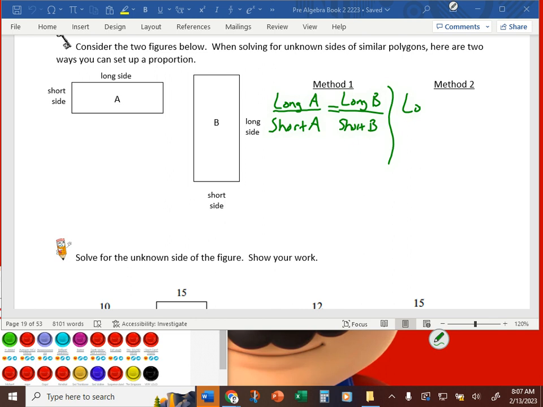Method 2, starting with the long of A again, Josie gave us short of A as what could go underneath it. What's the other option? Gregory? Long of B. Long of B. Right? Because I've set up my units long over long. And then what does the numerator of my second fraction have to be?